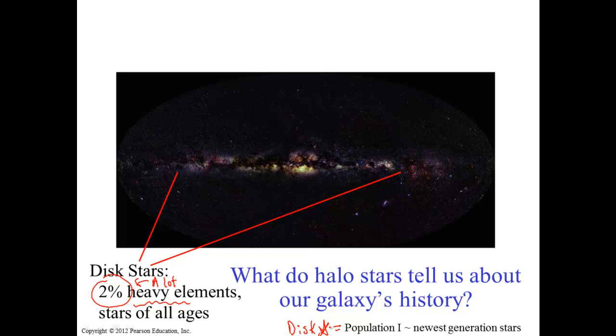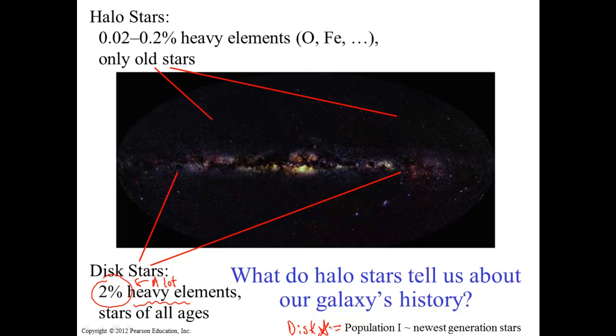So I told you those halo stars, globular clusters, and actually globular clusters are older stars too. When we look at how much they have of things other than hydrogen, they are very lacking. They only have 0.02 to 0.2%. So I'm going to put not much.